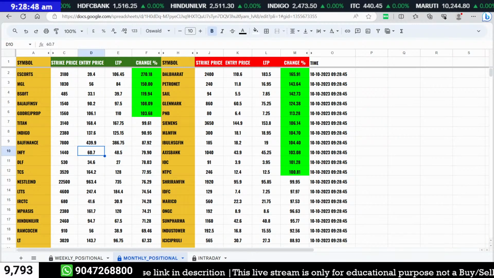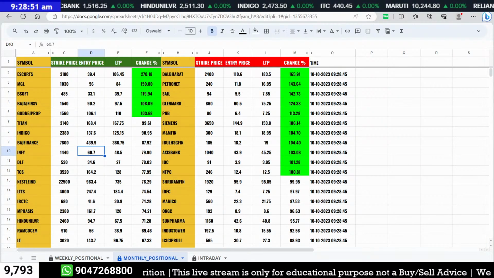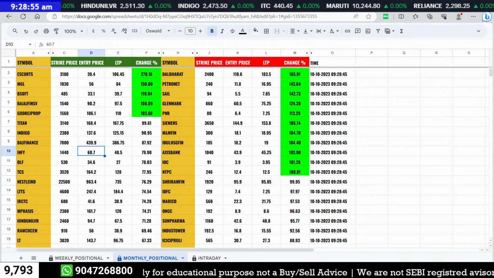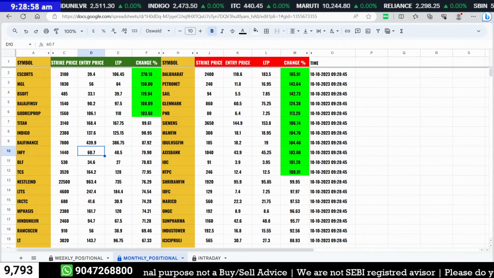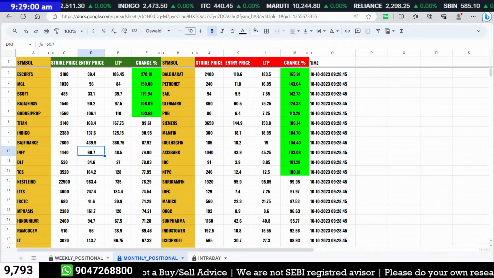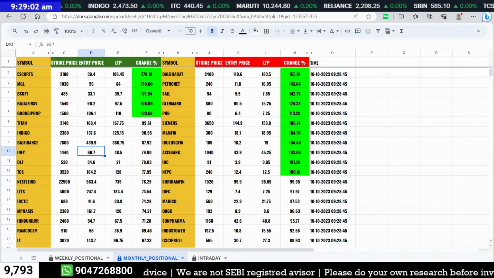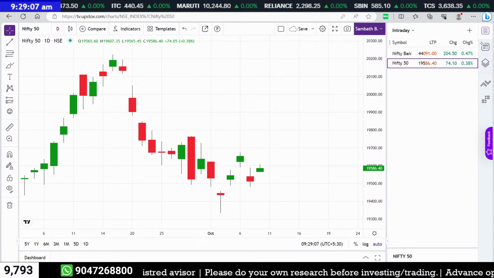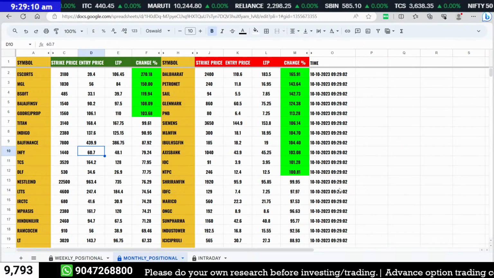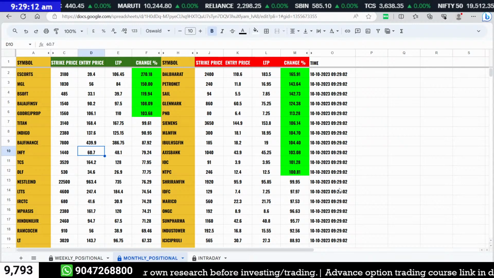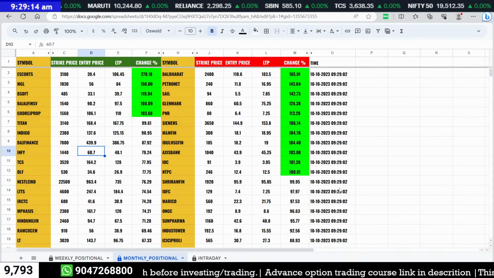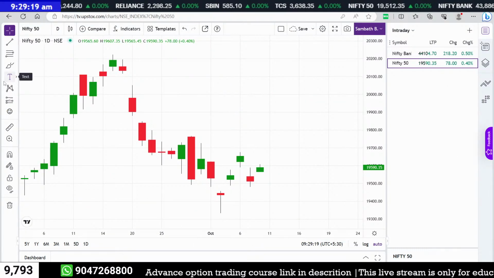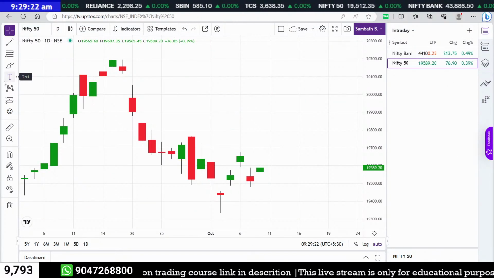Currently, the market is trading. After this gap up, it was very flat.